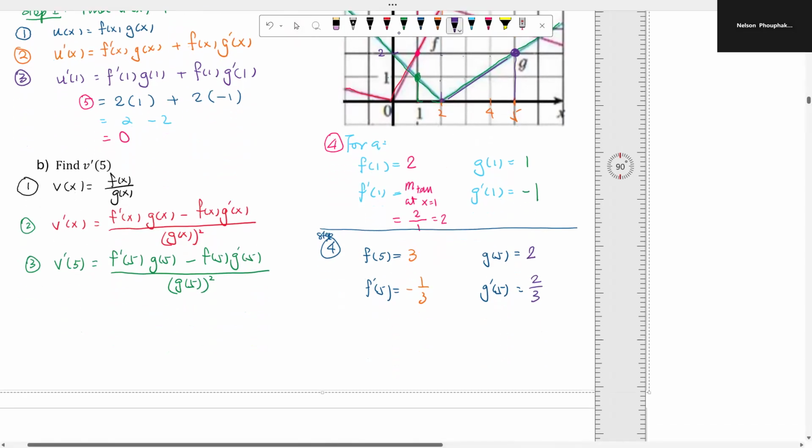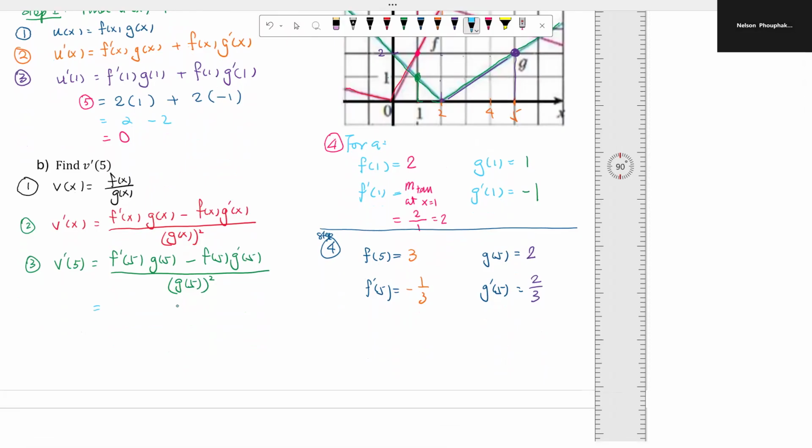Now let's go back to the problem. So f prime of 5 is negative 1/3 times g of 5 is 2, minus f of 5 is 3 times g prime of 5 is 2/3, all over g of 5 is 2 squared.